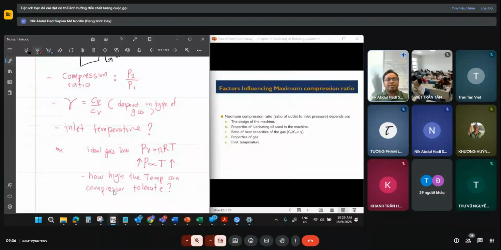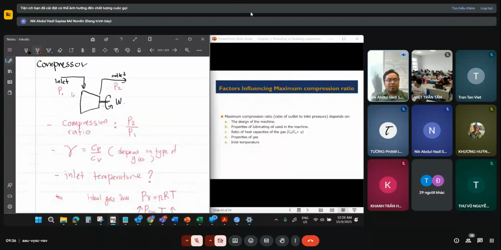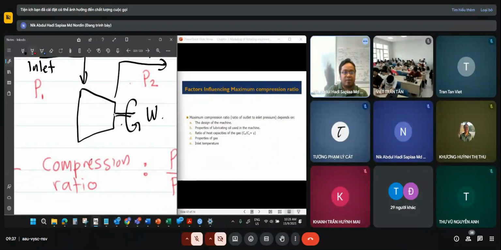How high the temperature can compressor tolerate? So let's have this compressor figure here. In compressor, we would have a motor that is rotating.